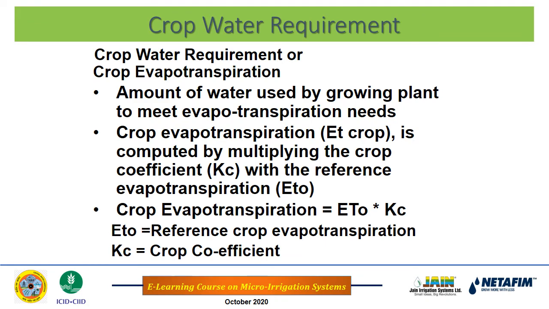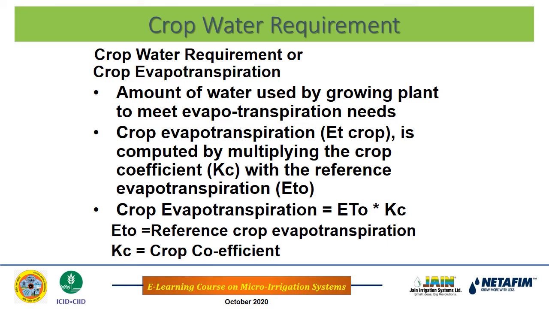Now crop water requirements or crop evapotranspiration. What is the crop water requirement? That is the actual water used by the crop for evapotranspiration. A part of it would be directly evaporating from the surface near the crop, and part of it would be used by the crop for photosynthesis, and part of it would then get evaporated through the crop body, that is stem and leaves.